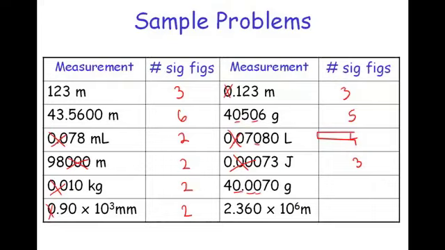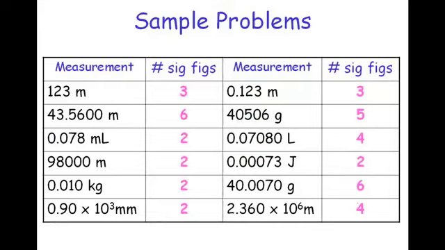Zeros in between always count. Trailing zeros only count if there's a decimal, so there are 6. And again, trailing zeros only count if there's a decimal, so there's 4. So you should be able to do these problems and become more familiar, especially when you're doing calculations.